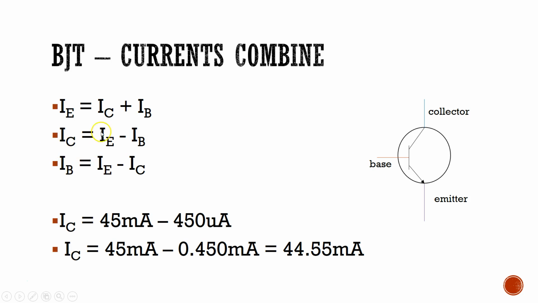We can then rearrange so that we could solve for either of those values. If we were solving for IC, for example, and we had 45 milliamps and 450 microamps, we need to watch those units, or at least put them in the calculator correctly, so that we do the conversion here and come up with the correct answer.